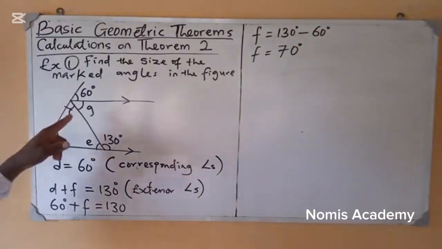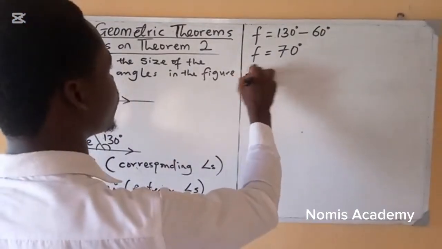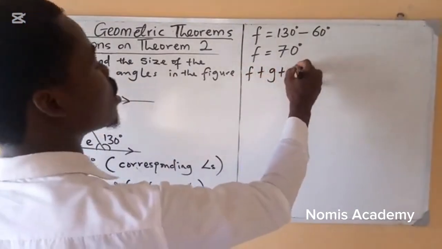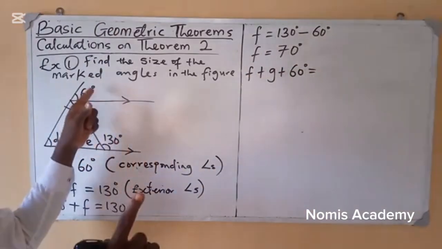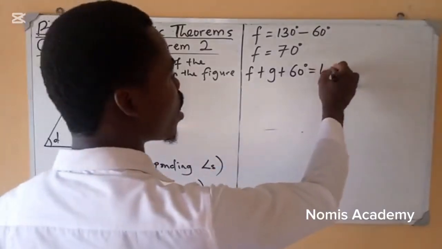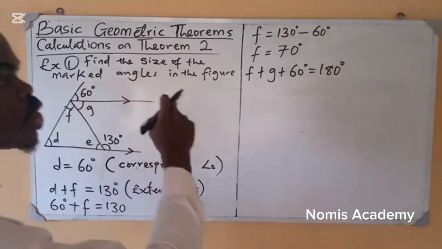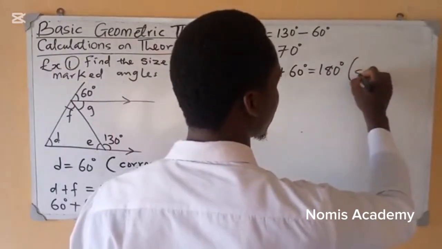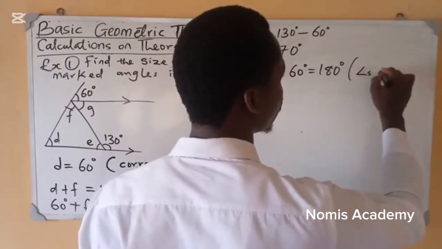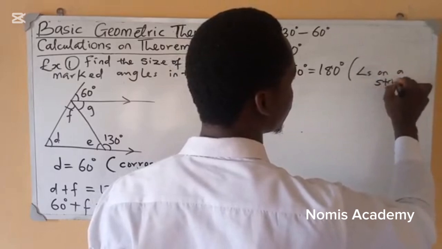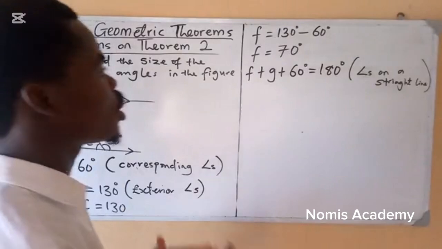Now the next is to find G. So you know that F plus G plus 60 is equal to 180 degrees. I hope you remember sum of angles on a straight line. So we write angles on a straight line.